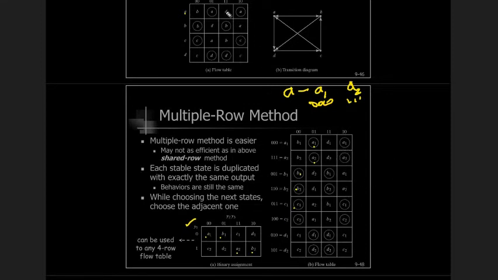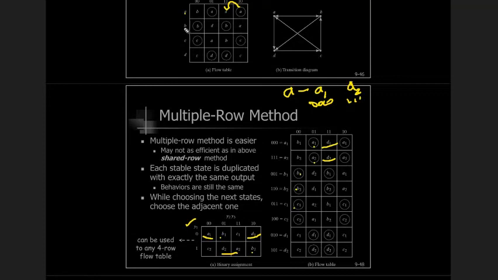So here the transition from A to D, so we can see that A1 and D2 are adjacent, A1 and D1 are adjacent, and A2 and D2 are adjacent. So here the next state will be D1 and here the next state will be D2.